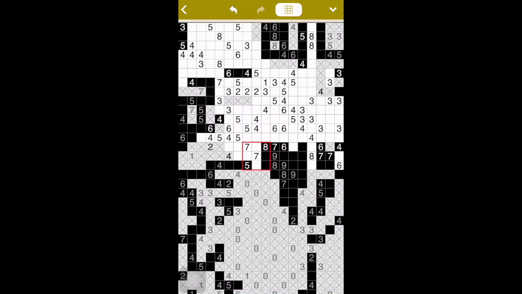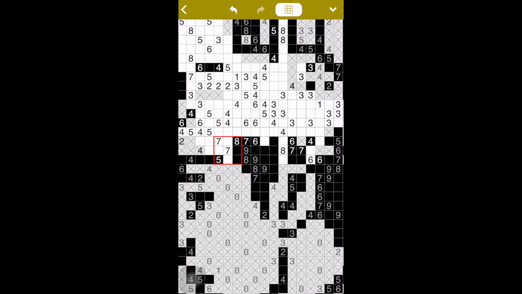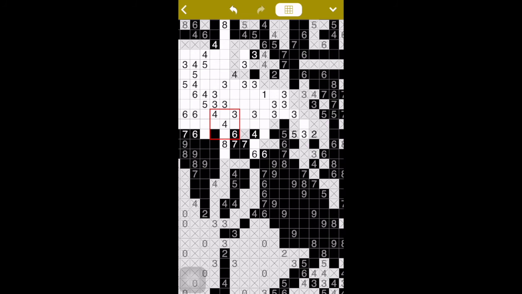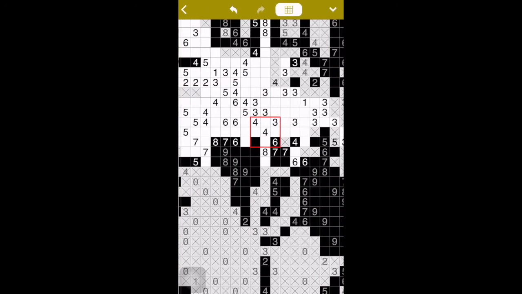Okay, I'm actually having a hard time looking for the next one. Let's see. Yeah, even though this one is medium plus, sometimes this could get really difficult as well.